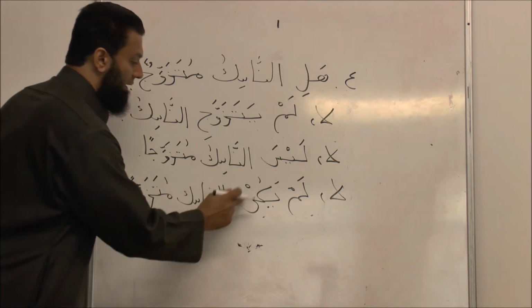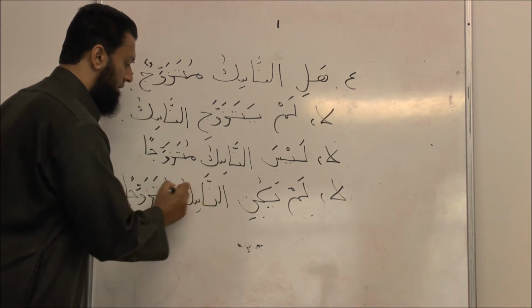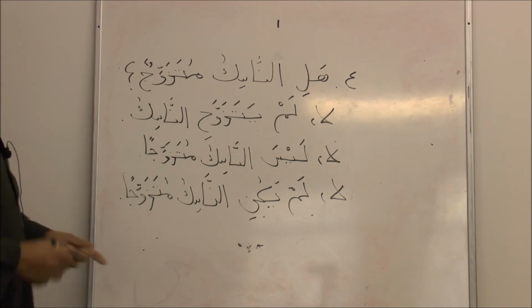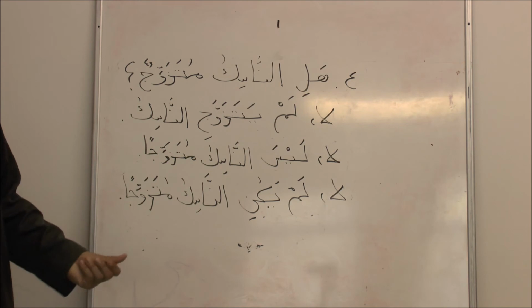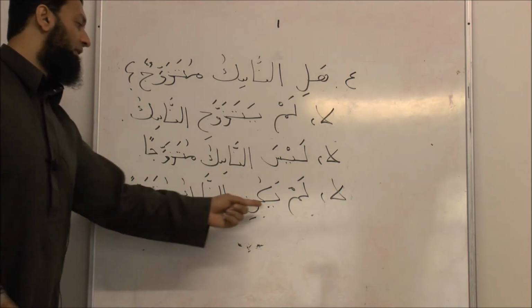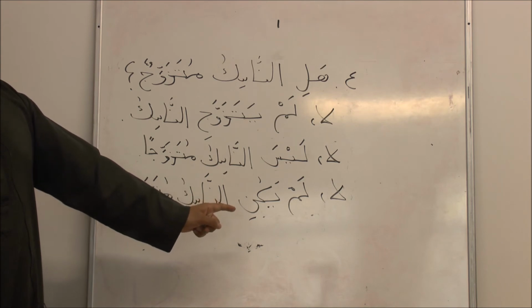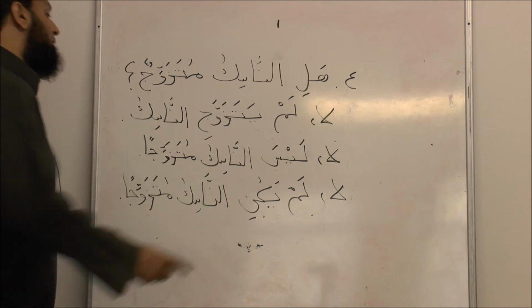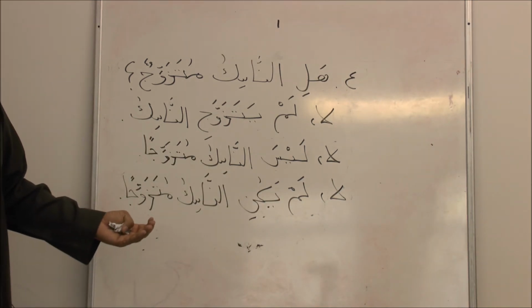This is the third way, and then that sukoon becomes a kasra. So what have we done now? We've used kana, was, present tense. Then we put lam before it, meaning he wasn't.